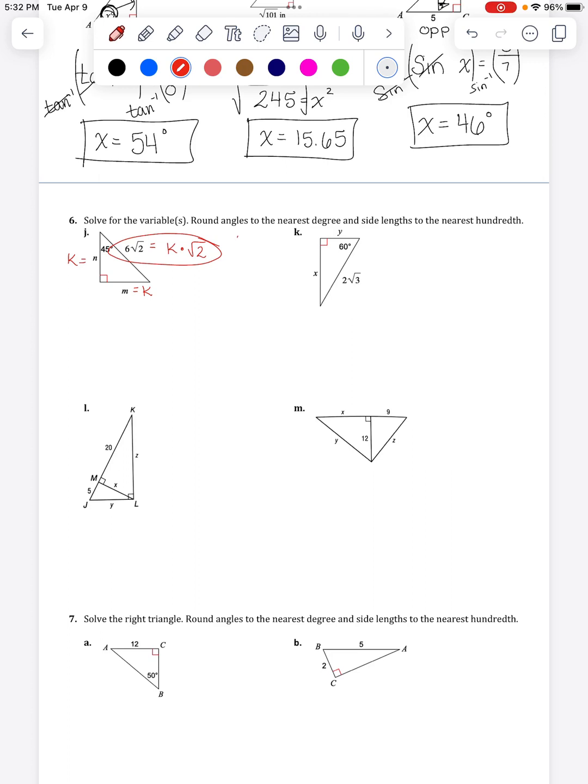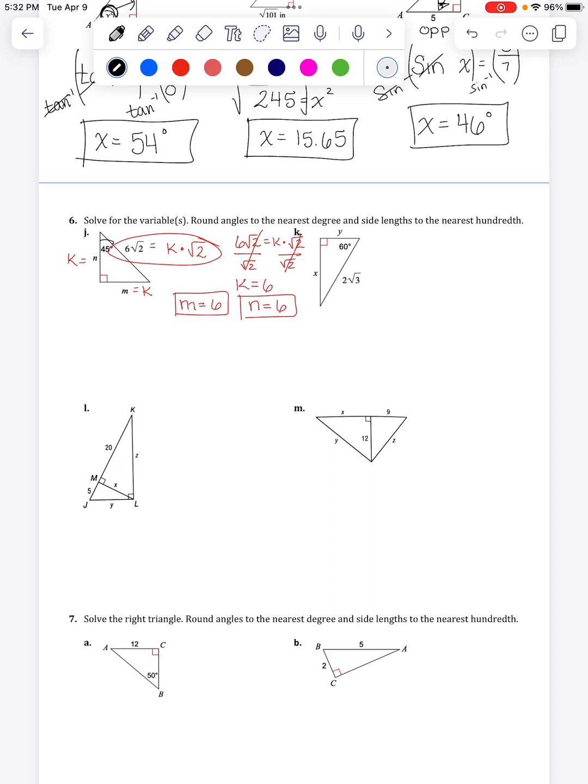The side length I can solve for is this one because that's the only one that's a number. If I set those equal to one another, 6 square roots of 2 equals k times square root of 2. To get k alone, I'm dividing by the square root of 2, and the square roots of 2 are canceling on both sides. K is just 6, which means both m and n are 6.